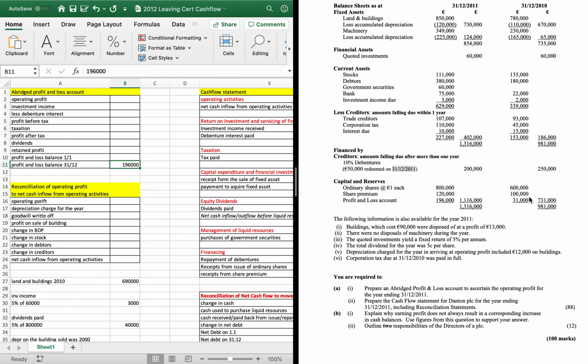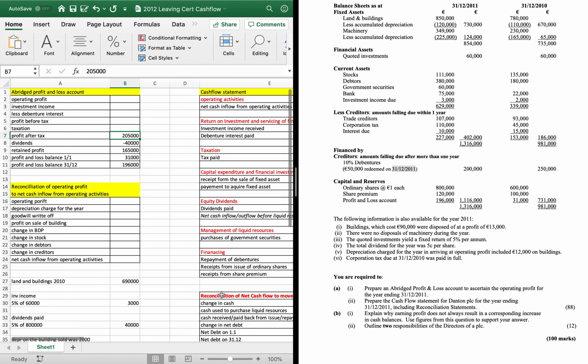Last year's profit was 31,000, which means you must have made a profit this year. Your retained profit must have been the difference between the two of them, which is 165,000. The dividends for the year, well, we worked that out, it was 40,000. So some number minus 40,000 is 165, so that's 205,000.